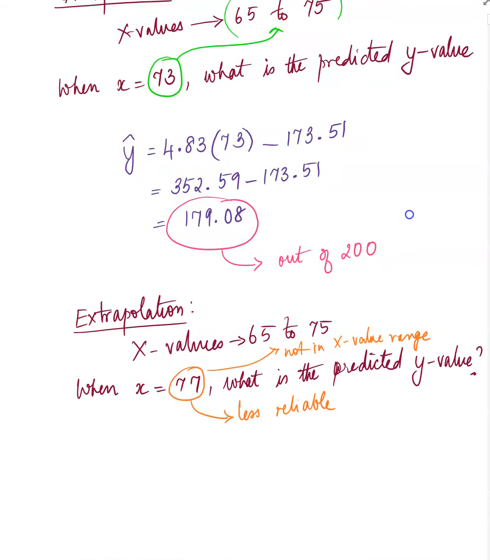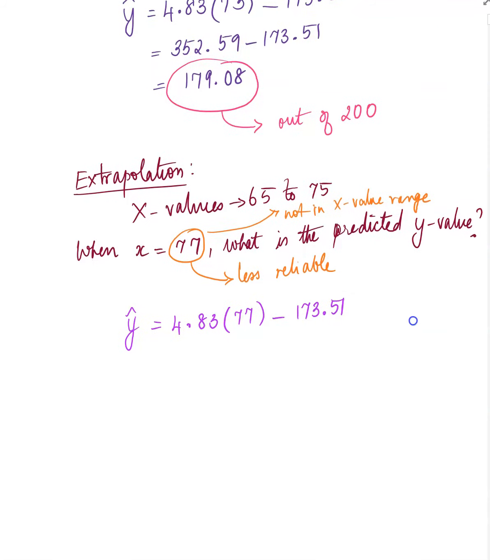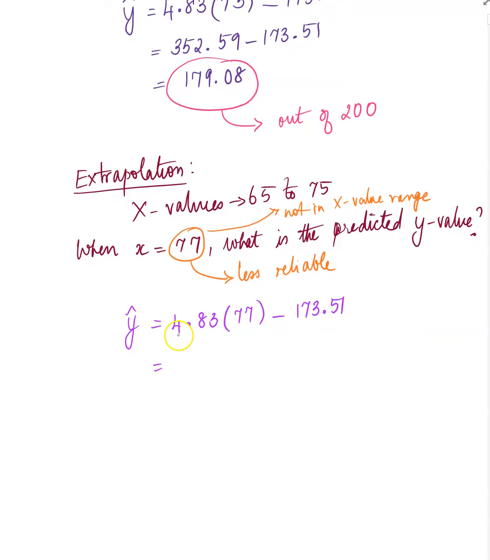We got the less reliable one, and let's see if our corresponding y value comes out reasonable. Let's plug this in: 4.83 times 77 minus 173.51, and that calculation comes out to be 371.91.